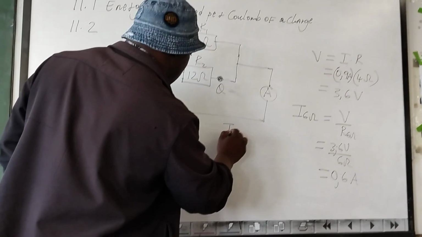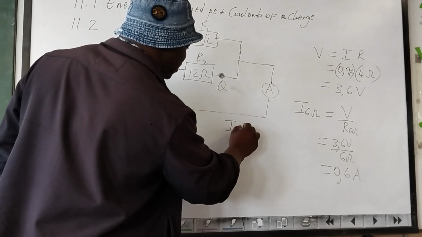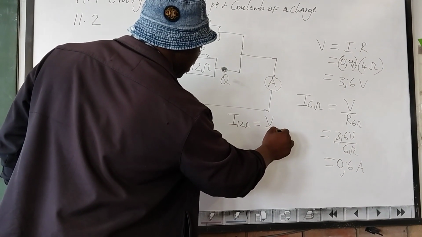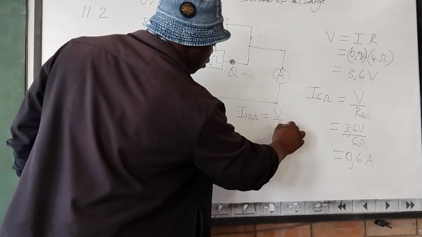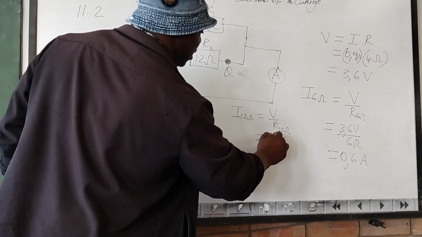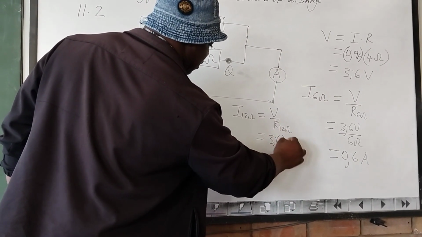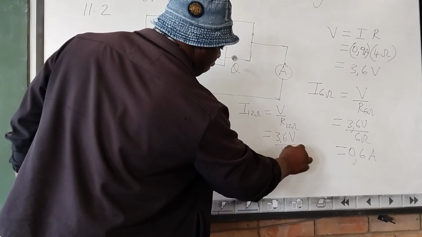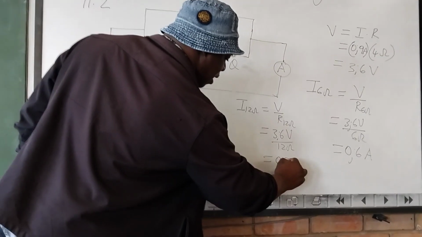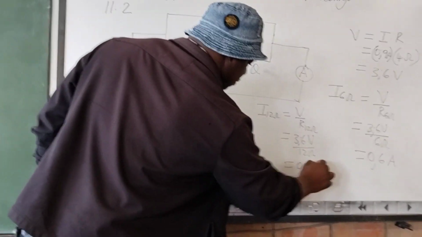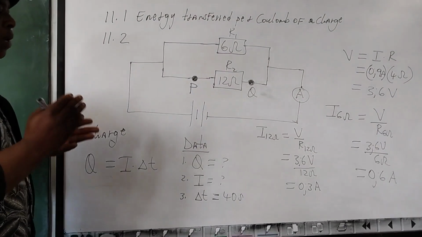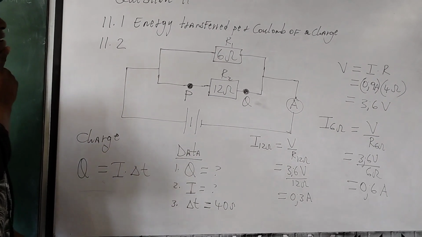Shall we go there? Current through 12 ohm is also given by voltage divided by R 12 ohm. You can just use R. What is this? It's 3.6 again, divided by 12 ohm. Give me the answer, please. 0.3 amperes. Will I be crazy if I assume that 0.3 plus 0.6 must give me 0.9?